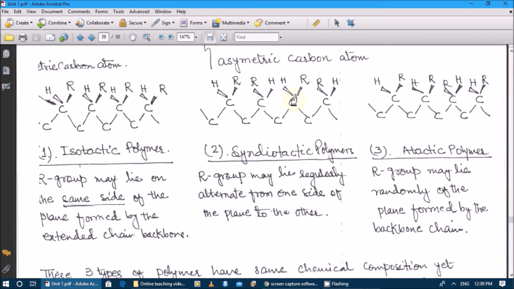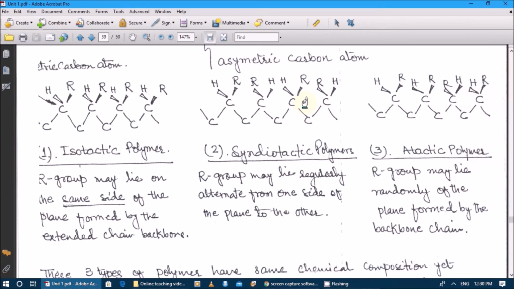Again, on the third asymmetric carbon atom, my hydrogen is above the plane, and in the fourth asymmetric carbon atom, my hydrogen is below the plane. So there is an alternation: hydrogen up, hydrogen down, hydrogen up, hydrogen down. Likewise, functional group down, up, down, up.